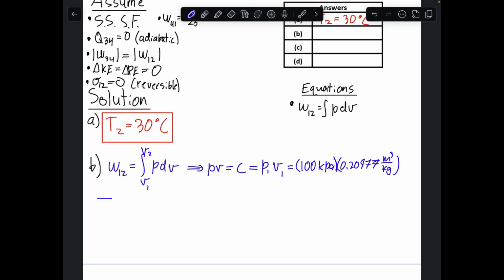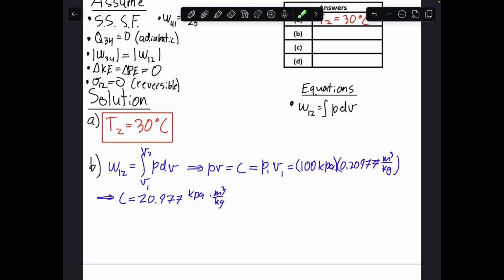So if we plug this in, our constant C should evaluate to 20.977. And now these units here are going to be kPa times meters cubed per kilogram.